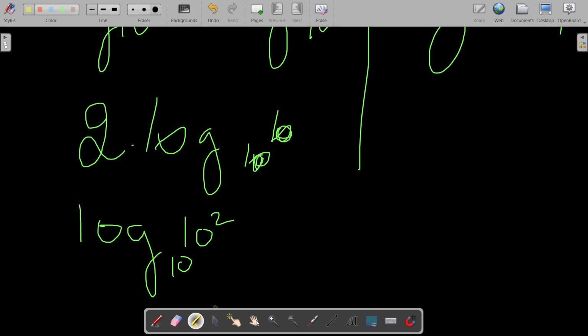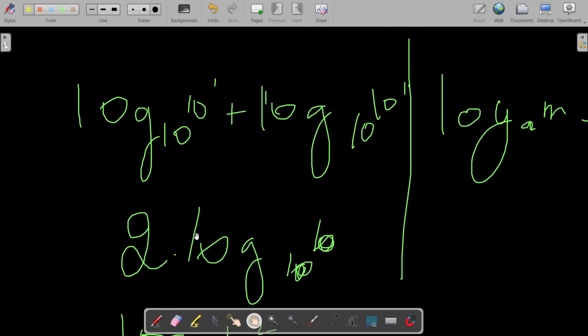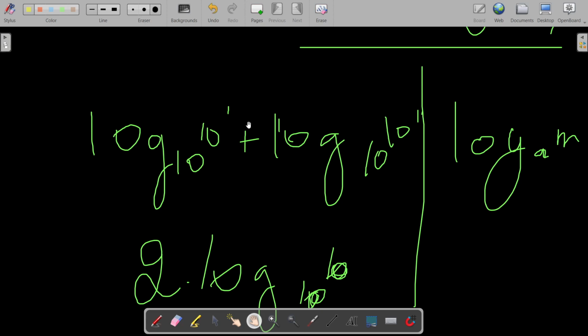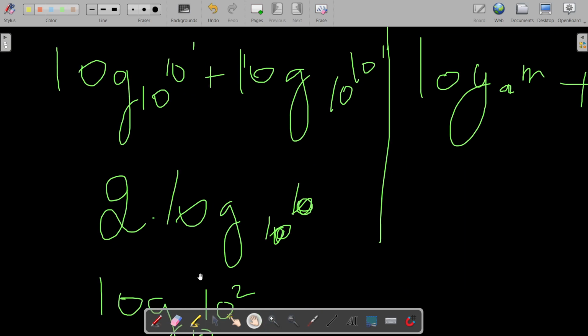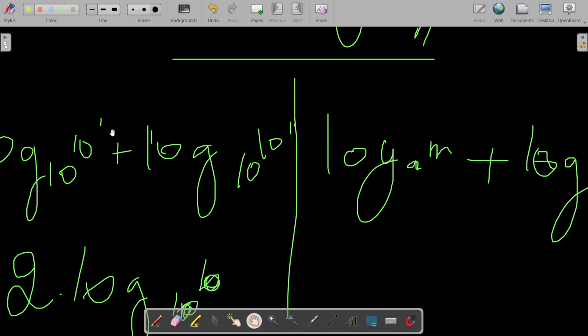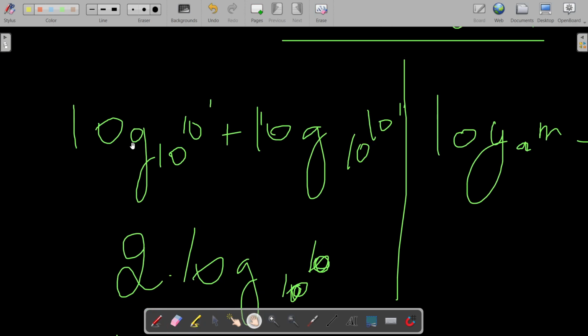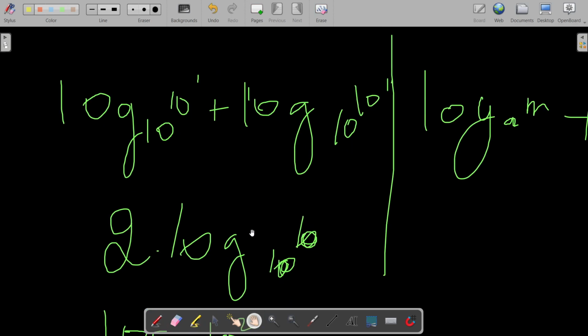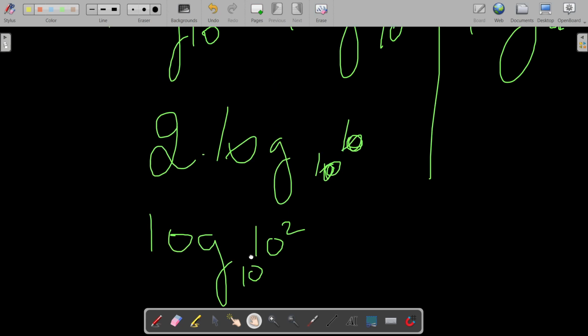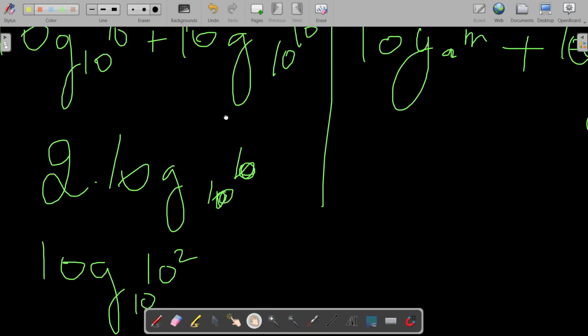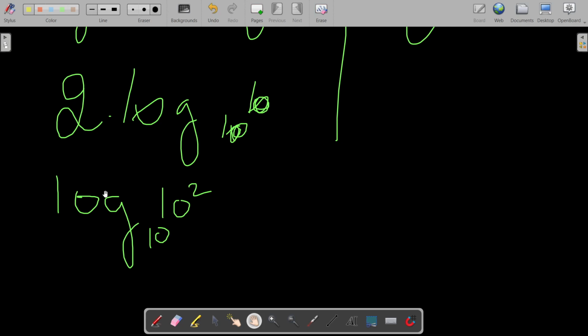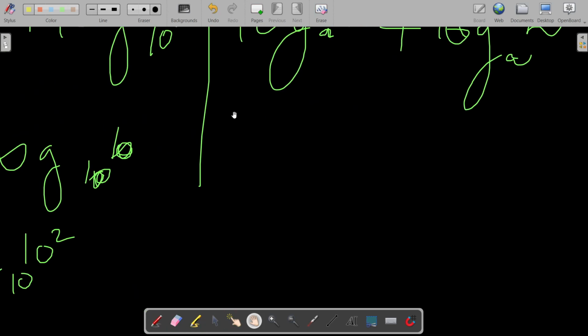If you see, this 10 and this 10 have multiplied. These two powers have added. You can see that the base is still the same, the base is still 10, and these two numbers have multiplied. So 10 is basically this 10 and this 10 multiplication.